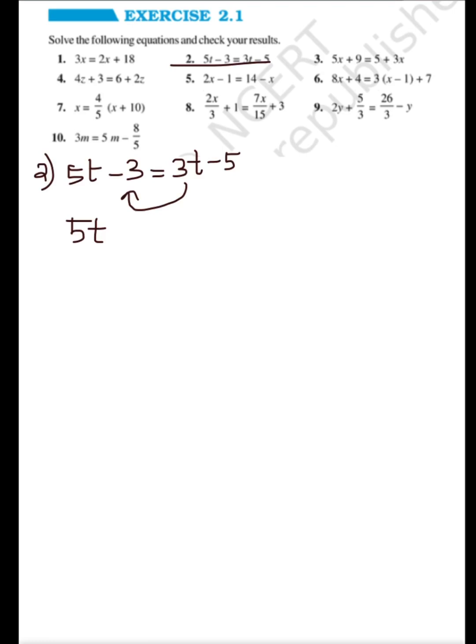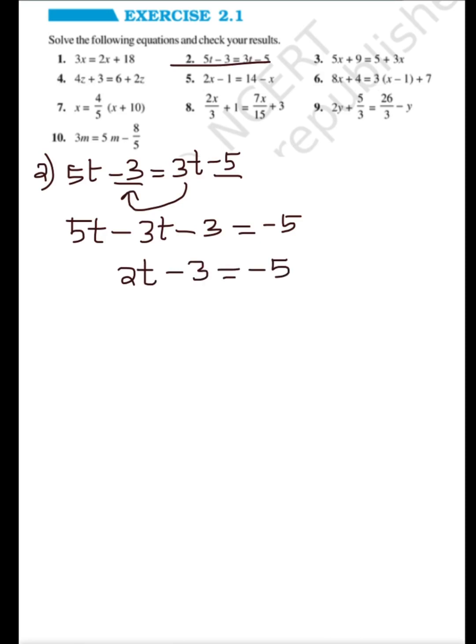If you are taking 3t to LHS, what happens? It will become minus 3t. So it will become 5t minus 3t. Then what is remaining there? Minus 3. Minus 3 equals what is remaining here? Minus 5. Understand? Now what is 5t minus 3t? It's 2t. So 2t minus 3 equals minus 5.